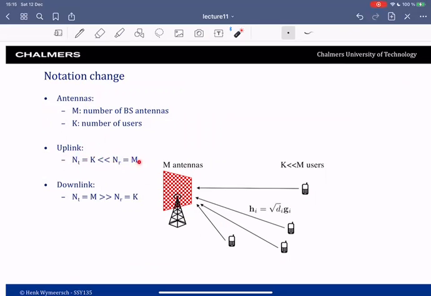The total number of receive antennas is then the total number of base station antennas, M. And here M is much larger than K. So hundreds of antennas and maybe 10 users. In the downlink, the number of transmit antennas is M, right? Because the base station is sending in the downlink. The number of receive antennas is K, the total number of receivers that you have, the total number of users.